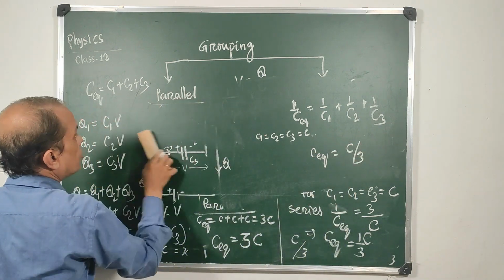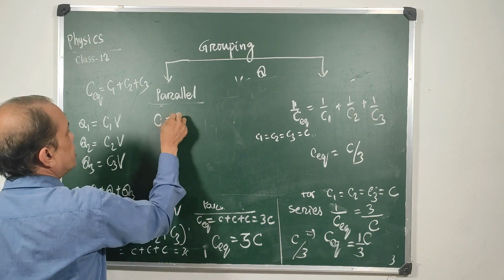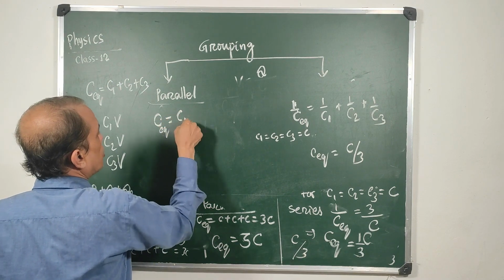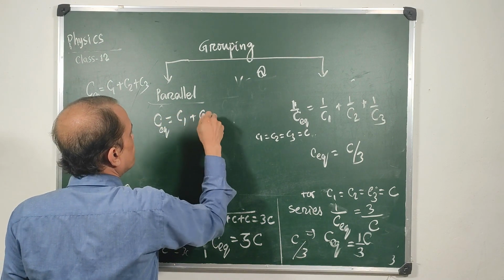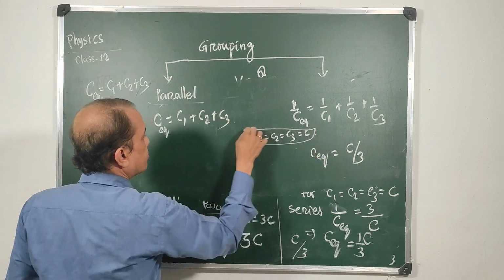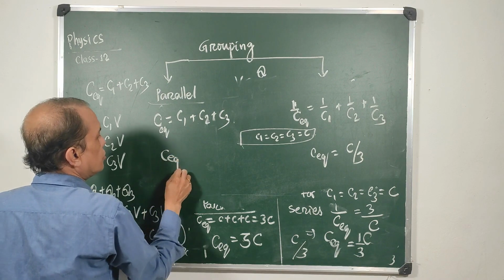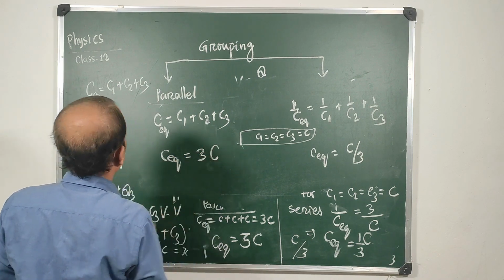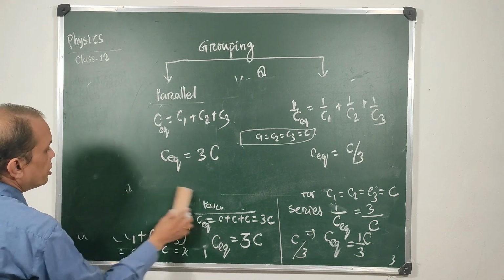But in case of parallel, what happens? We get Ceq is equal to C1 plus C2 plus C3, while when the 3 capacitances are same, we get Ceq is equal to 3C. This is the theme of the discussion.